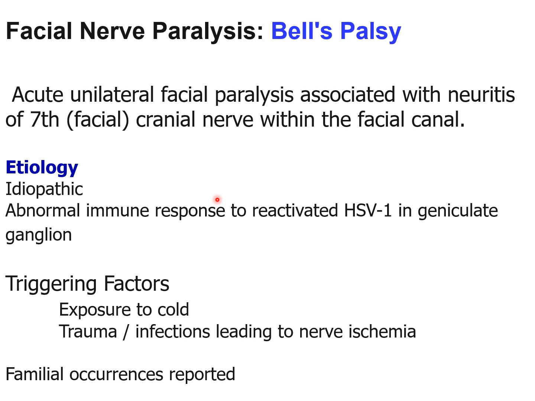It is regarded as an idiopathic condition, but sometimes may follow abnormal immune response to reactivated herpes simplex virus, which resides in the geniculate ganglion following the initial infection. And triggering factors could be exposure to cold, trauma, or infections which may contribute to nerve ischemia. And familial occurrences are also reported.